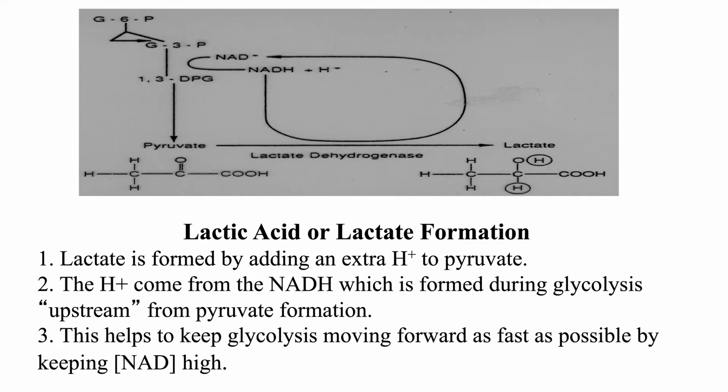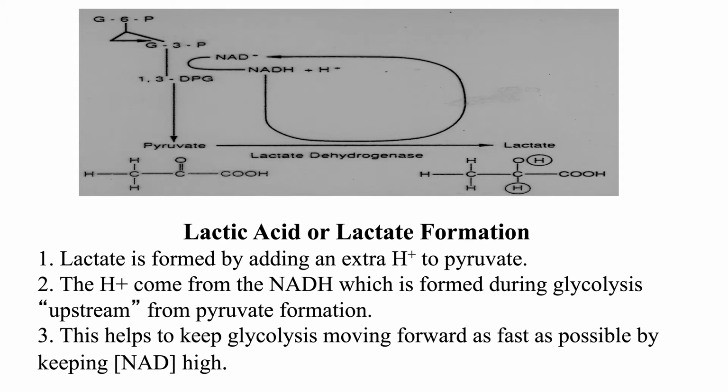There's going to be a damming of the river. And so when that damming occurs, you're having a buildup of pyruvate, a buildup of NADH. The cell needs to clear everything out to make sure everything keeps working at a proper function. So what will happen is lactate dehydrogenase, the enzyme, will take the hydrogen from NADH and put it on the pyruvate, forming then lactate.